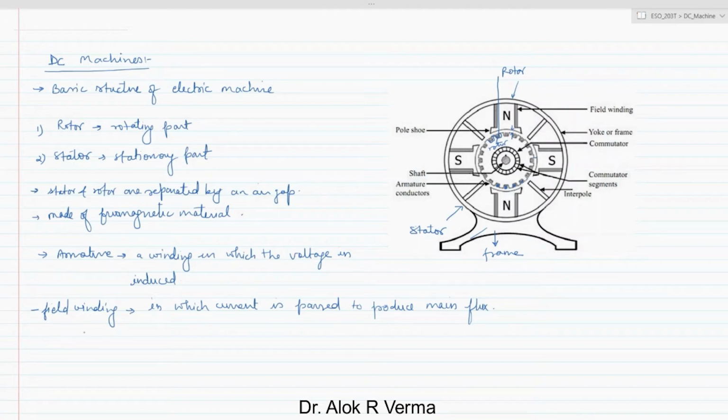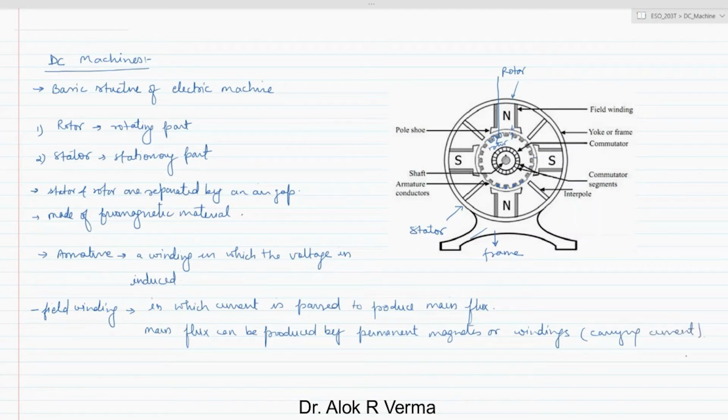So the main flux can be produced by permanent magnets or windings carrying current.